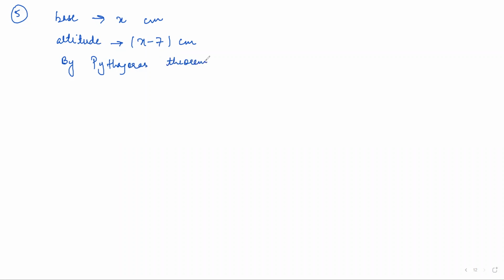Who will tell me? If this is the base, this is the hypotenuse, and this is the altitude, what is the relationship? Ma'am, the square of the altitude and the base is equal to the hypotenuse square. Yes, that's what Pythagoras theorem is.